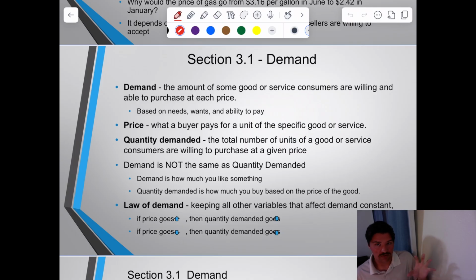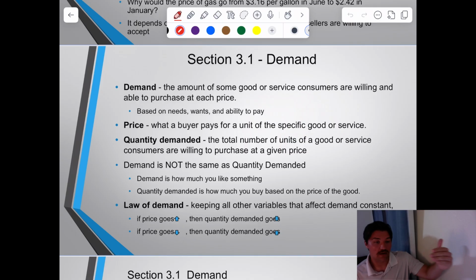It is very important to note that demand is not the same as quantity demanded. Think about it like demand is just how much you really like something. So if you really like peanut butter, right, you have a demand for it. Well, now price will tell you how much you can buy. That's where the quantity demanded comes in. So quantity demanded tells you how much you can buy based off of the price.